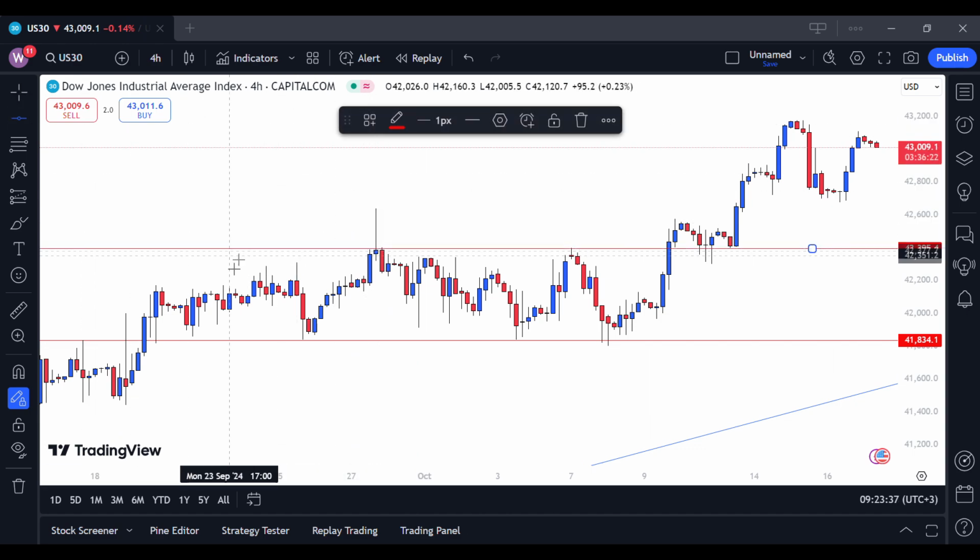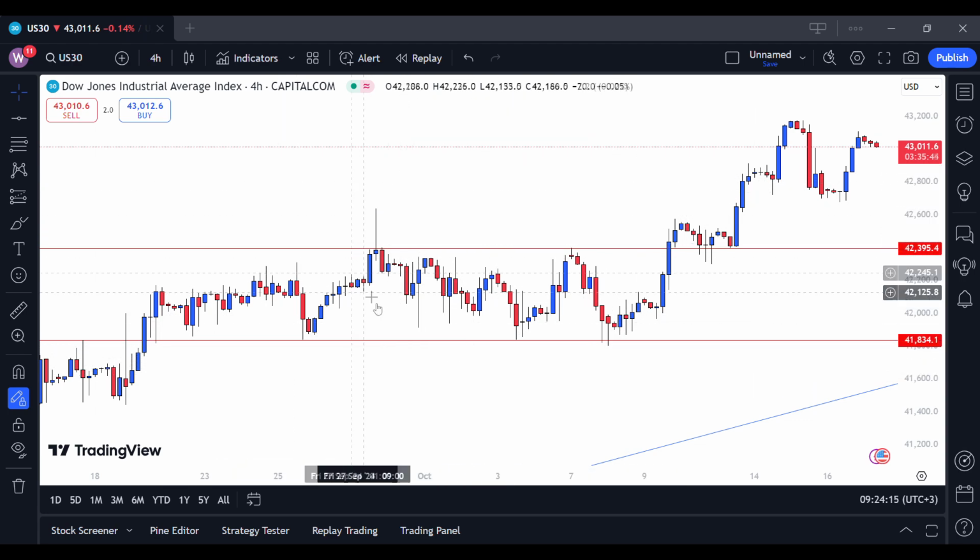So you can see it actually continued to play around this zone. It moved around this zone for how many days? From the 19th of September to around 9th October. Wow. That is a good number of days.